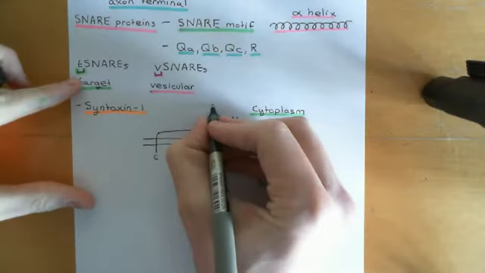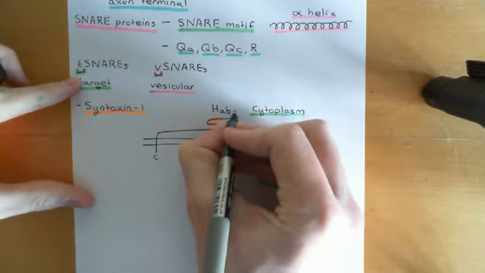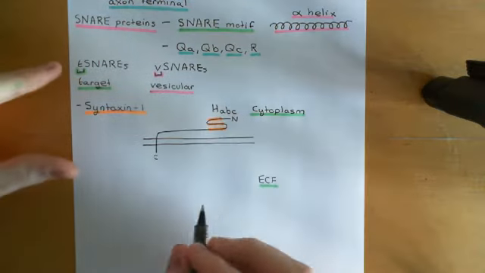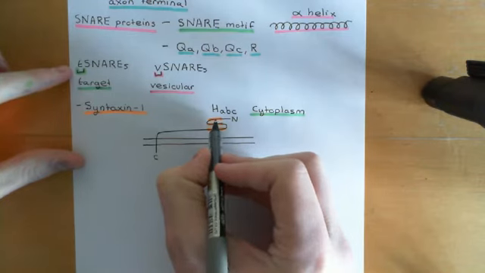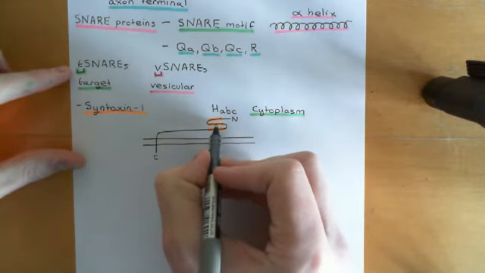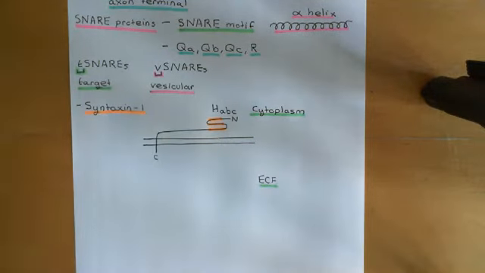This little domain of 3 alpha helices bundled together is known as the HABC domain, because H is for helix, and then one of the helices is called the A helix, the second is called the B helix, and the third is called the C helix. So it's the HABC domain made up of the bundle of those 3 different helices.